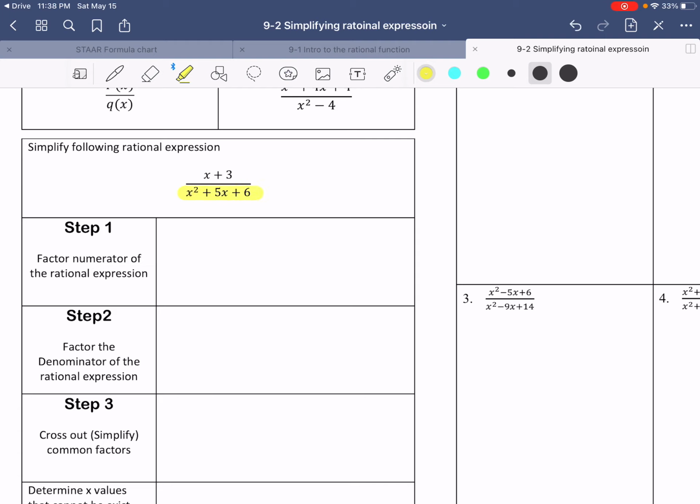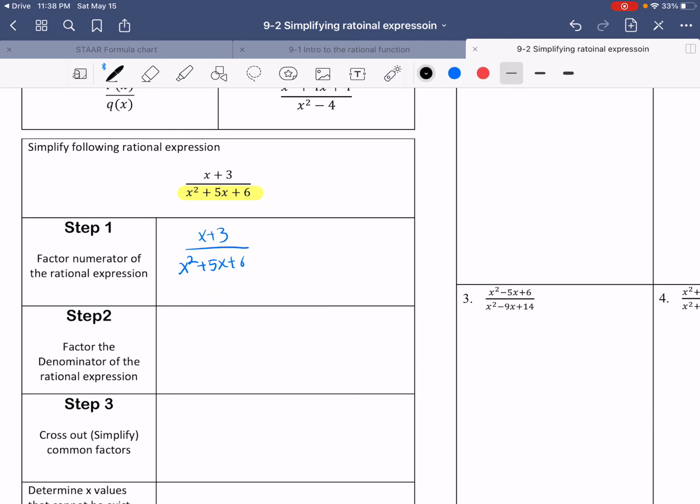So step 1, factor the numerator of the rational expression. So see if you have anything that you can simplify on the top. X plus 3, this one you cannot simplify further, so I will just copy this one down here. Okay, but at the bottom, now we're going to factor the denominator.